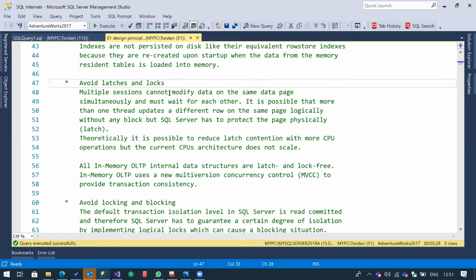That means one thread will update record 1 in page 1, and another thread, at the same point in time, tries to update the same record as well. That is the so-called lost update problem. That means the last thread will win.